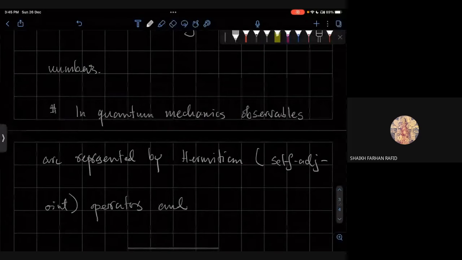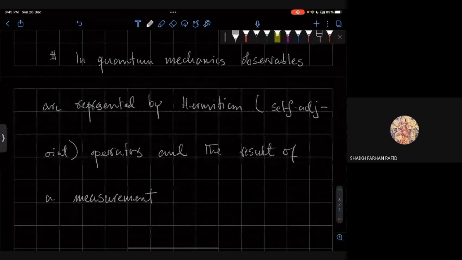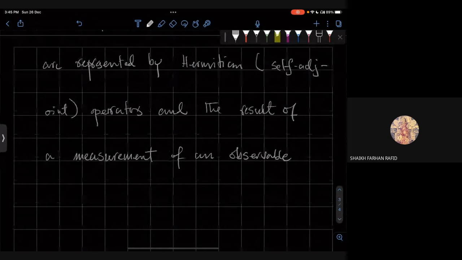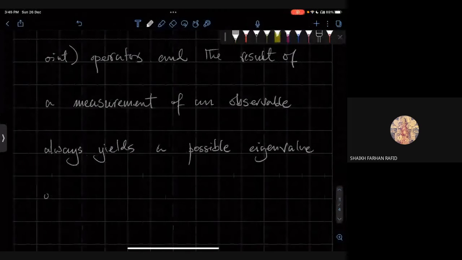And the result of a measurement of an observable always yields a possible eigenvalue of that operator.